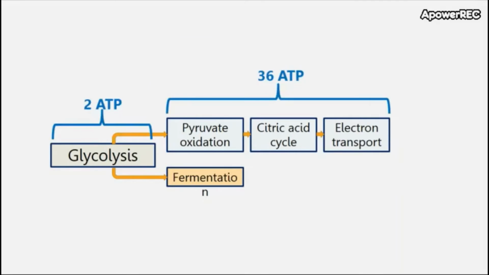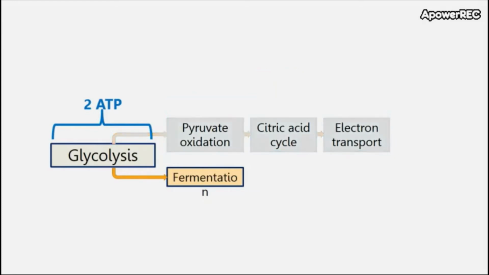Cellular respiration is wonderful because we get 2 ATP from glycolysis, and we get 36 ATP from the rest of the process. But without the electron transport chain, it is futile to attempt to do pyruvate oxidation, the citric acid cycle, and electron transport.